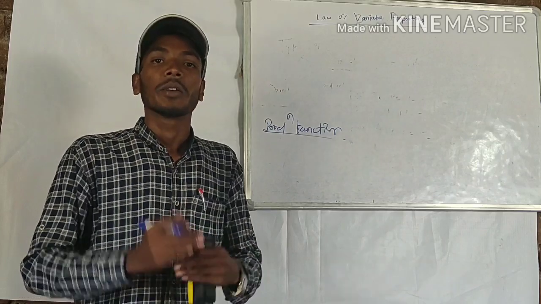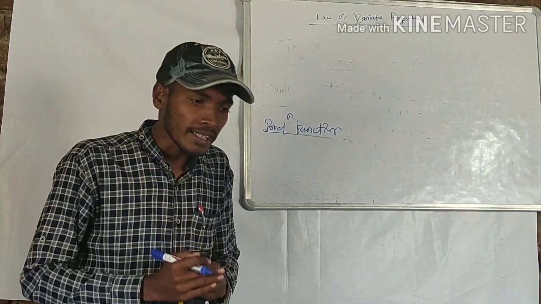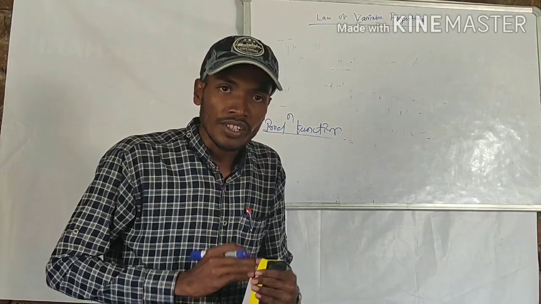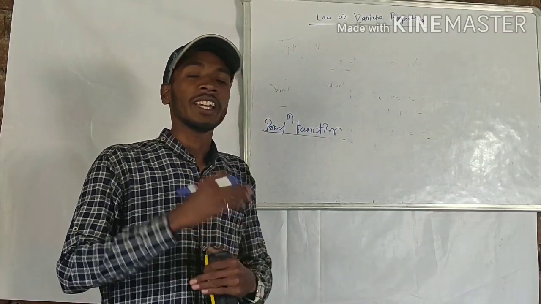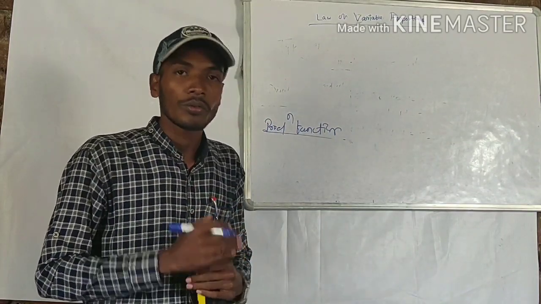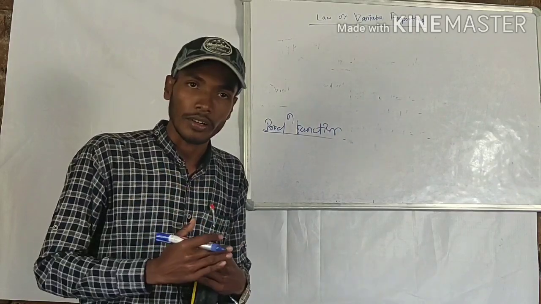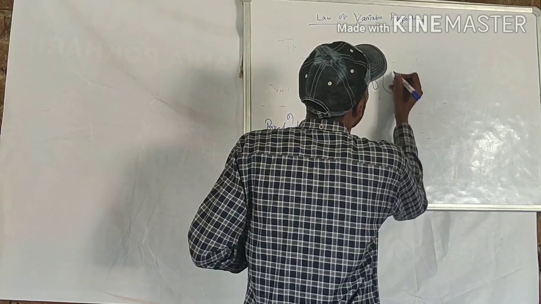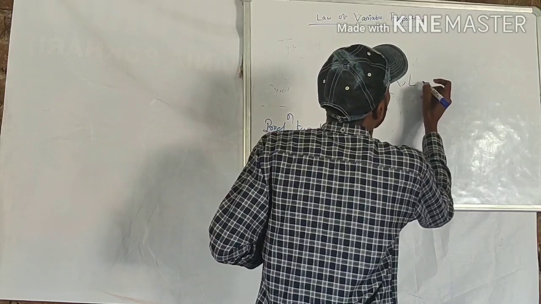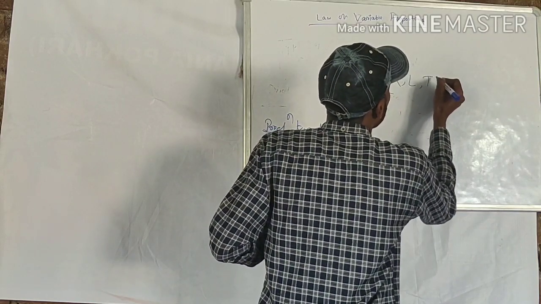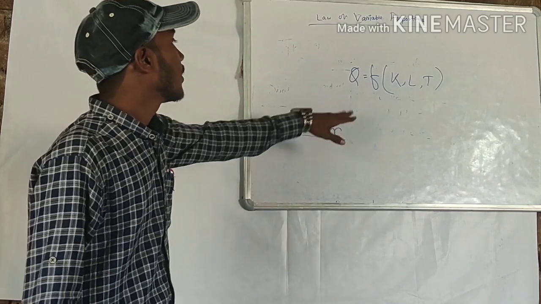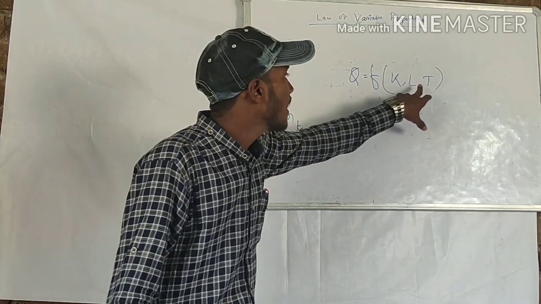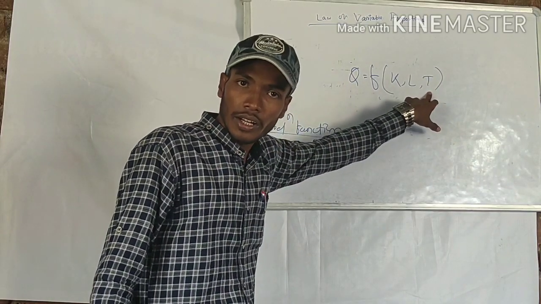So in general, law of production means technological transformation from inputs into outputs. Mathematically, when we represent it as a function, suppose Q is equal to a function of K, L, T, etc. Here Q represents output, K is capital, L is labor and T is technology.